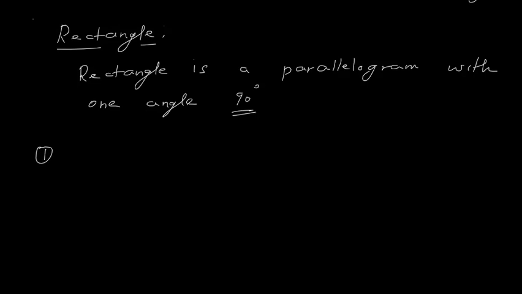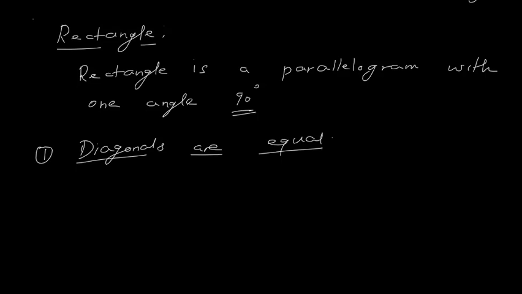First, diagonals are equal. And as I said, one angle is 90 degree, you can prove that all other three angles are also 90 degree. So rectangle is a special type of parallelogram in which one angle is 90 degree.